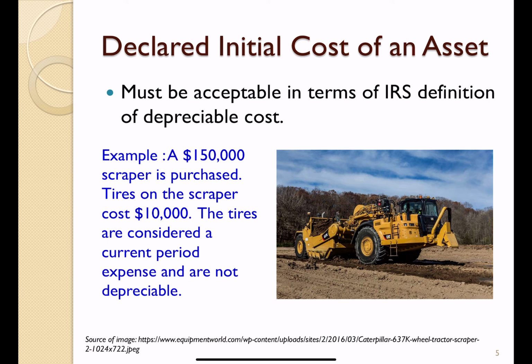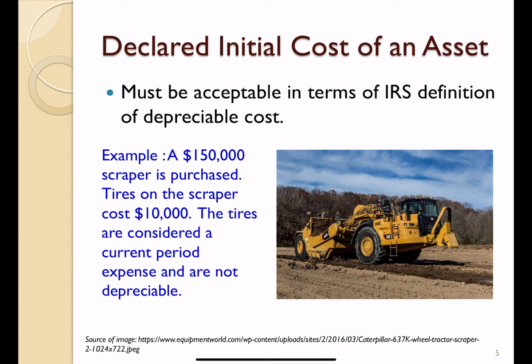So for example, if we buy a scraper as shown in the figure for 150,000, and the tires on the scraper cost 10,000, then the tires are considered a current period expense and are not depreciable. Why is that? You can see a scraper can last for 5, 7, 10 years, but not the tire. So the scraper itself can be depreciated over that 5, 7 year period.